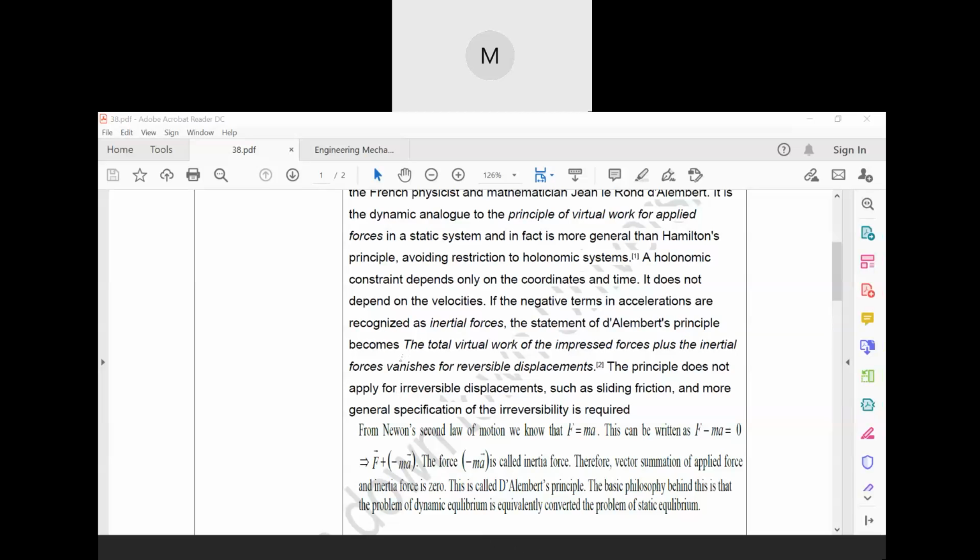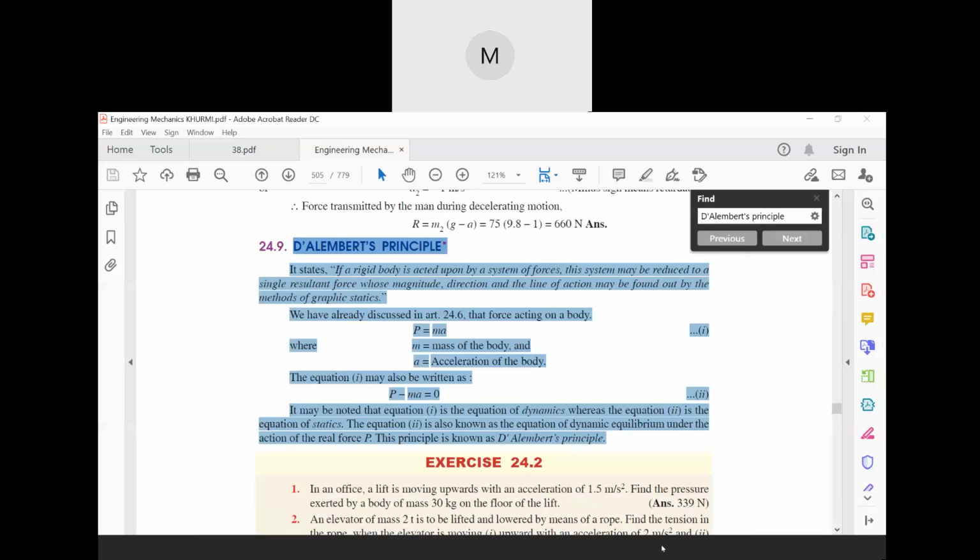Here m is the mass of the body, and a is the acceleration of the body. So we can write F minus ma equal to 0. This equation is basically known as the D'Alembert's principle.